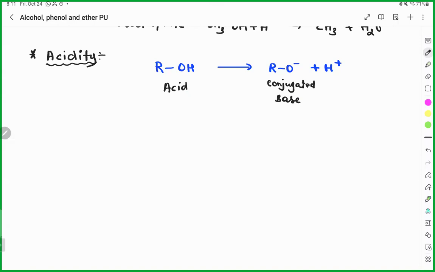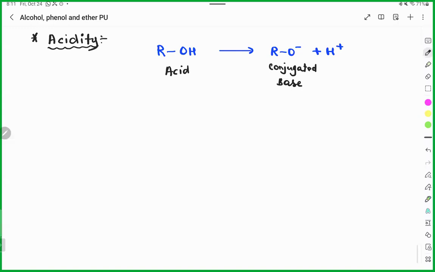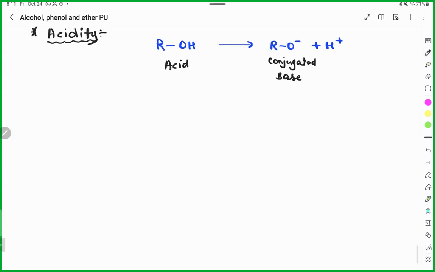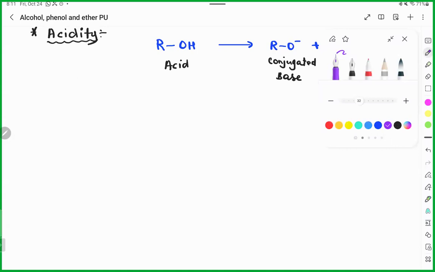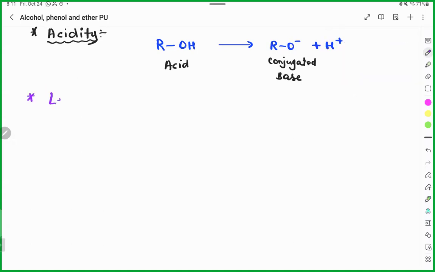Okay, when we are talking about acid and base, Samarth, what are the different ways how we define acid and base? Sir, there are three methods. Lewis theory, Bronsted-Lowry theory, and one more is Arrhenius, I forgot the name.